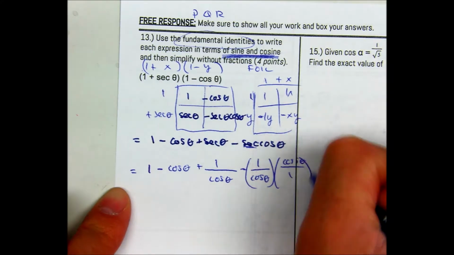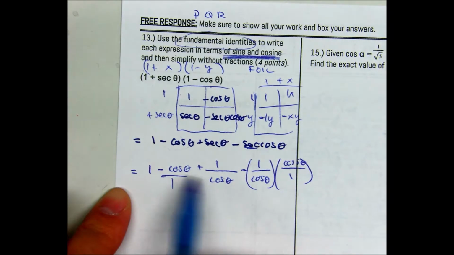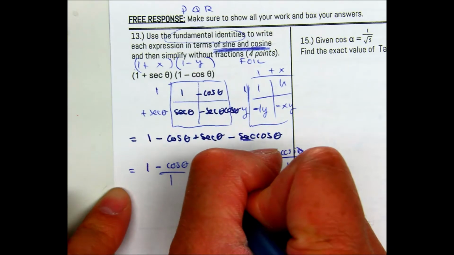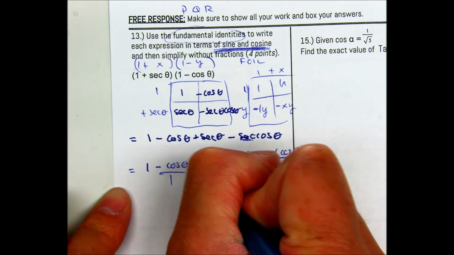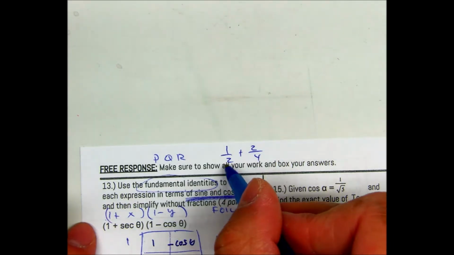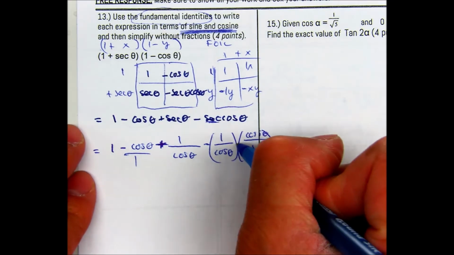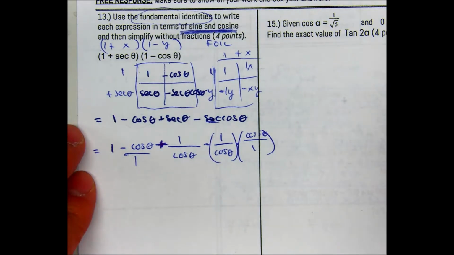They would try to cancel these right here. And the reason why you can't cancel those is because they're not factors. They're called add-ins. What does that basically mean? You have addition here, so you don't cancel there. It's like a fraction. You don't do 1/2 plus 2/4, you don't sit there and cancel your 2's. Okay? Now you can cancel over here by multiplication, so you could cancel these cosines.